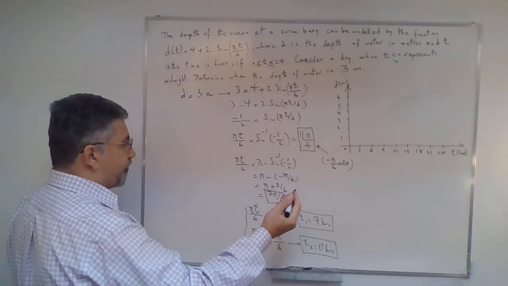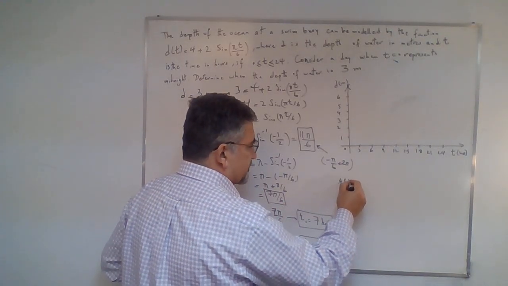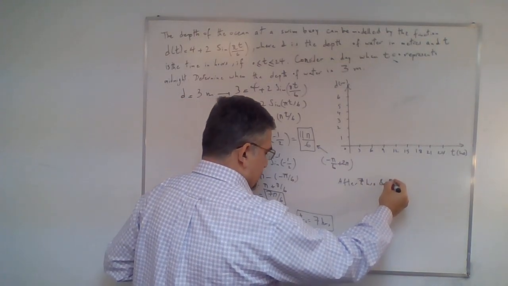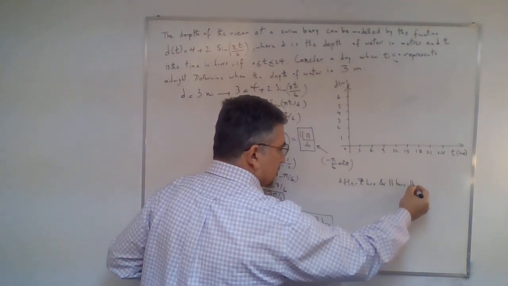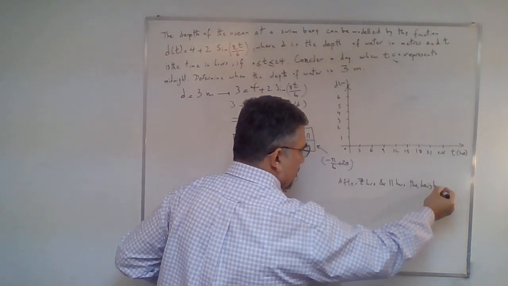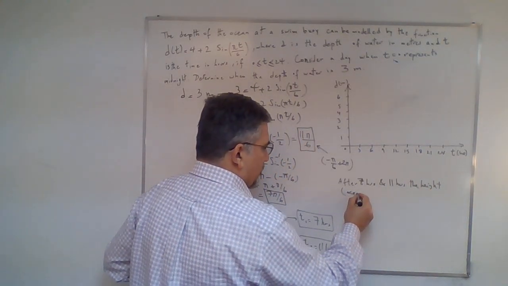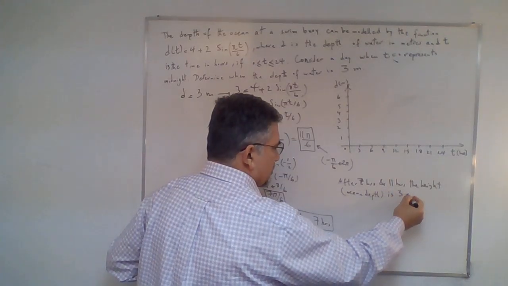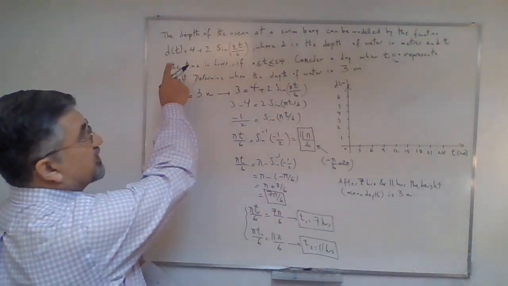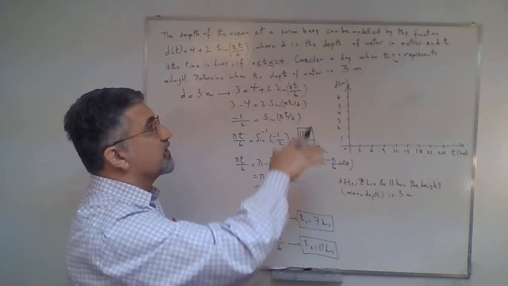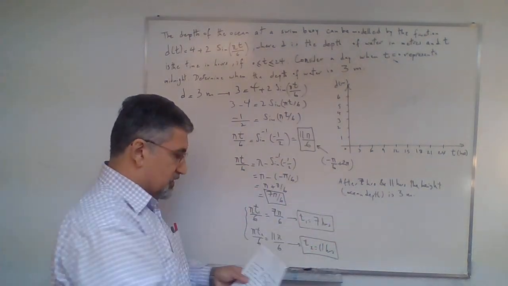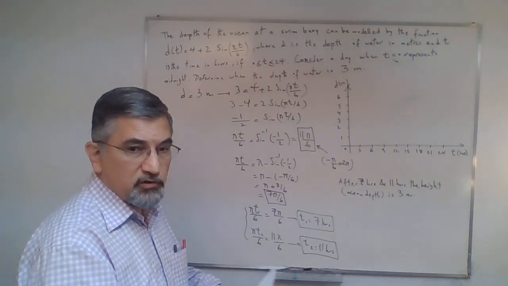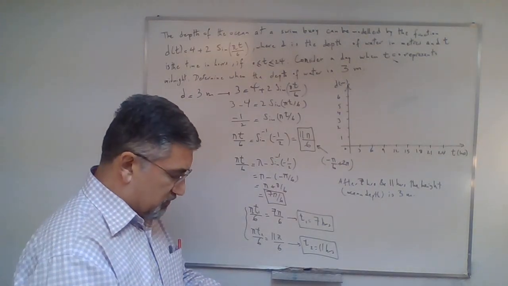I'm going to say maybe here, after 7 hours and 11 hours, the height, or I should say ocean depth, is 3 meters. It says the depth of the ocean at a swim buoy can be modeled by that function. So that's what it is. Now, we want to know what time of the day that would be. That's what we want to find out.